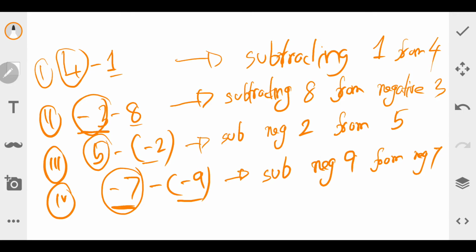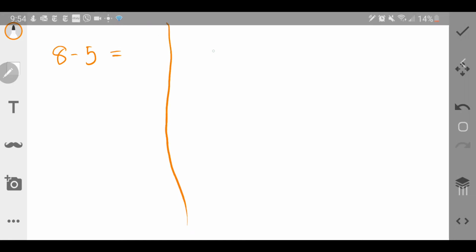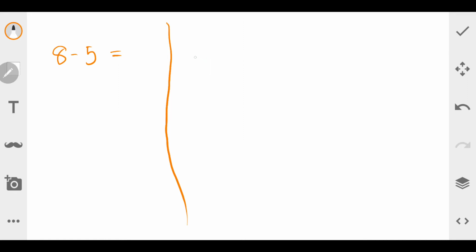All right, so now let's look at some more examples to understand the subtraction clearly. So I'm going to erase the board. Please copy them. Okay, so let's write some problems. 8 minus 5. Then we have 10 minus 1.